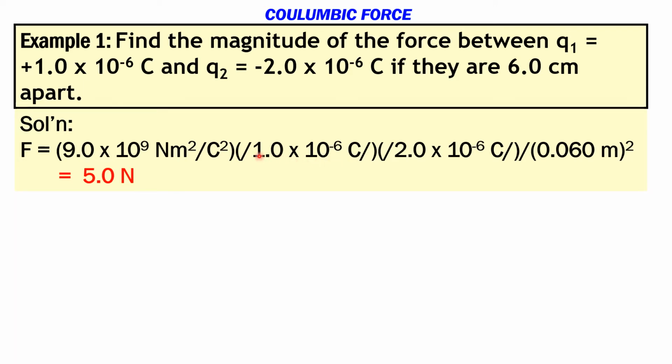So Q1 is 1.0 times 10 to the negative 6, while Q2 is 2.0 times 10 to the negative 6, all over the distance r that separates them, which has to be converted to the SI unit, meter, and that is equal to 0.060 meter, and then that will be squared.